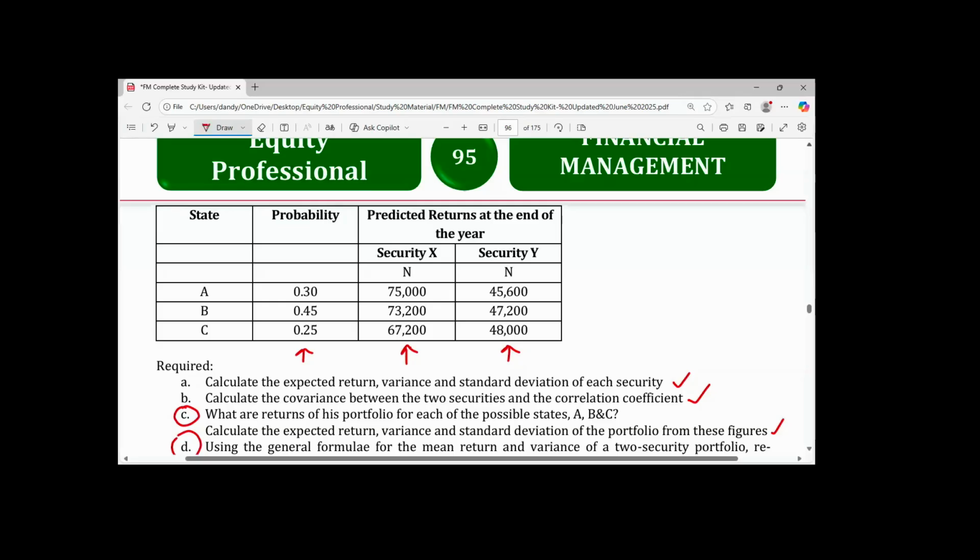Once you have your return in percentage, then you can proceed to calculate the expected return, variance, and then the standard deviation of each security. So without wasting more time, let me stop sharing this and move to the working notes straight away so that we can cover as much as possible.